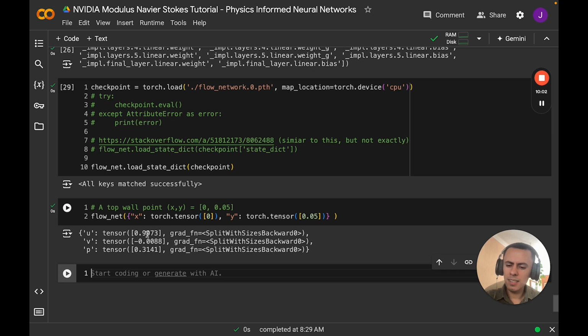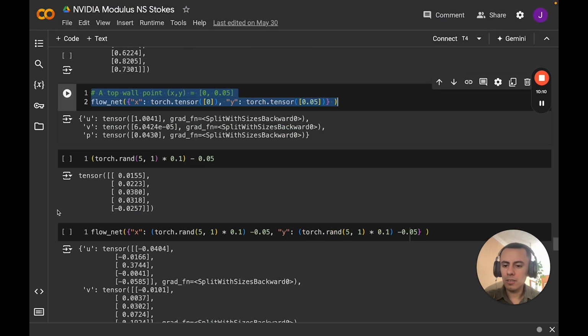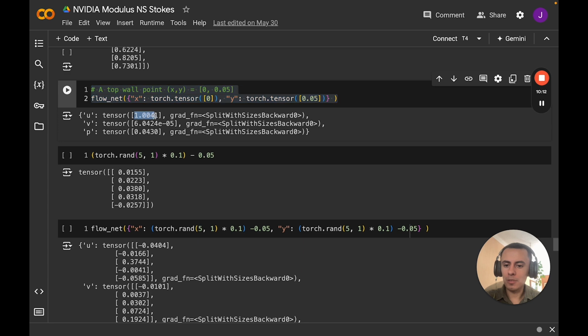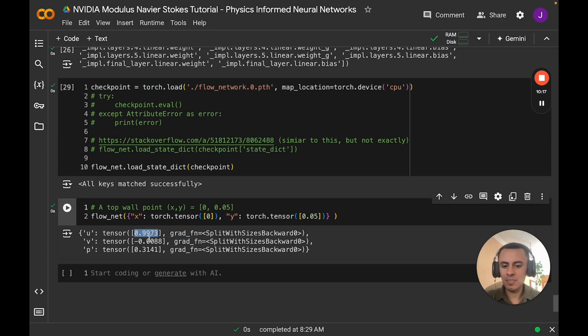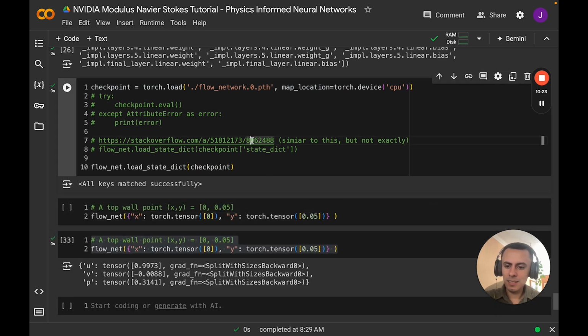And I think if we do this, it works. It's close to 1, 0.9973. I was hoping it would be 1 because in a previous run from a previous file, it was 1.0041. For some reason, in this case, it's just close to 1. I don't think this has anything to do with it.